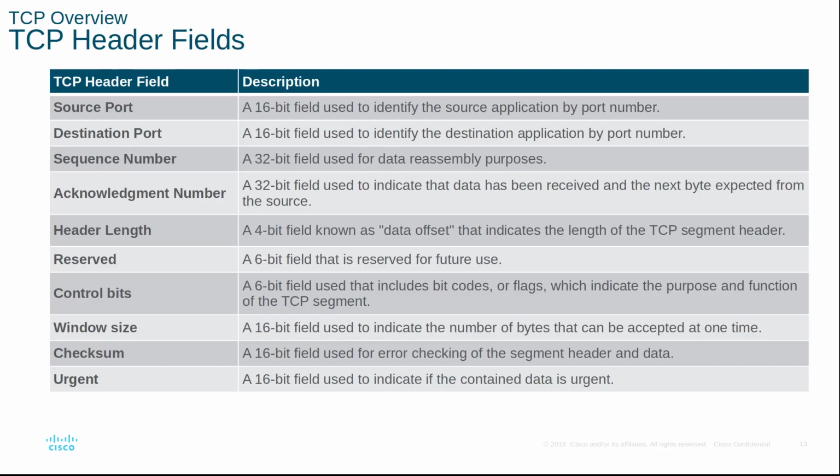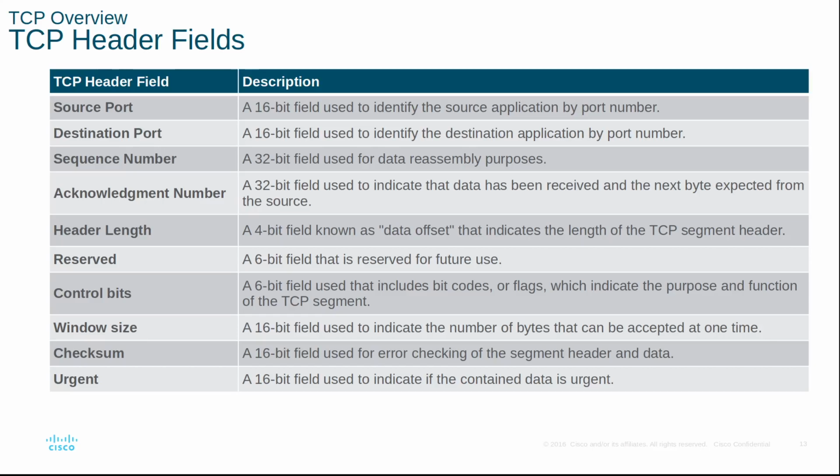A header length, it's a 4-bit field. It's known as your data offset, and that indicates the length of the TCP segment header. There's a 6-bit reserve field for future use, just because we might need something later. There's also a 6-bit field for control bits. So these are codes or flags which indicate the purpose or function of the segment.